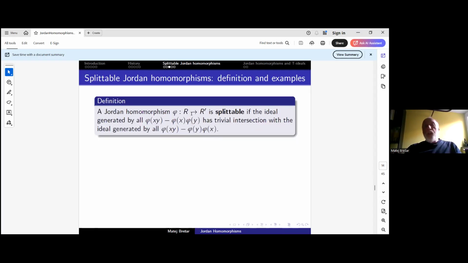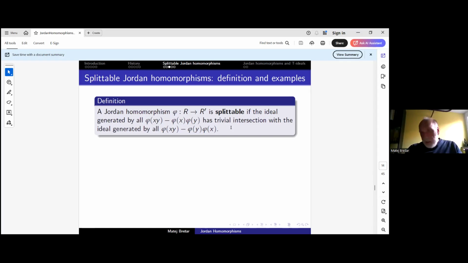So this is the definition, which is the basis of this paper. A Jordan homomorphism is splittable if the ideal generated by this type of elements has trivial intersection with the ideal generated by this type of elements. So if the first ideal is zero, if and only if phi is a homomorphism, and the second ideal is zero, if and only if phi is an anti-homomorphism, obviously.